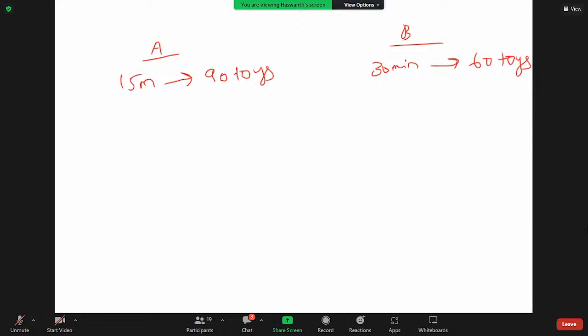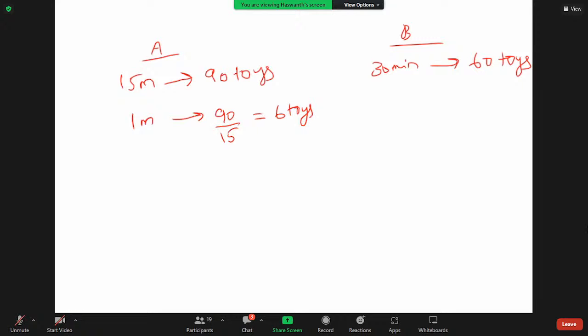So A in 15 minutes is producing 90 toys. That means in 1 minute, using unitary relations, you divide 90 by 15, which is 6 toys.